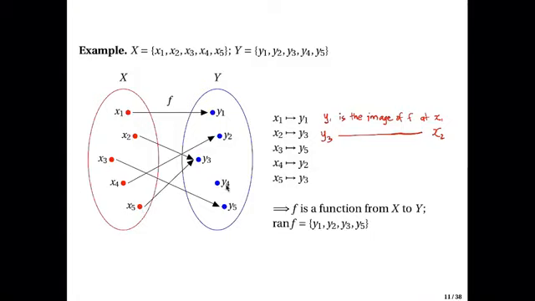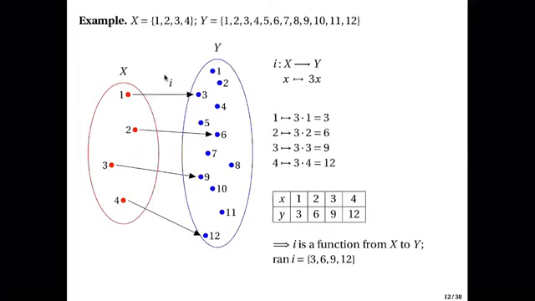Y4 doesn't have any partner. We don't care. It's still a function. Okay? That's a very good question. So again, in here, you have your range Y1, Y2, Y3, and Y5 because Y4 does not have any partner from X. Okay?